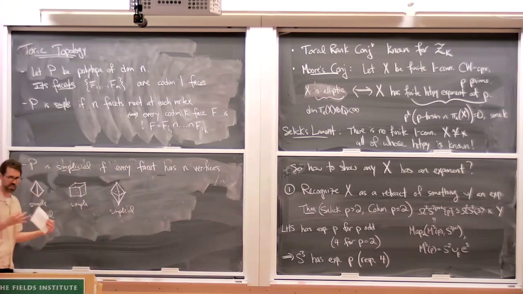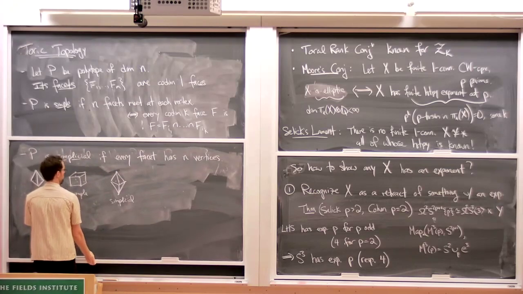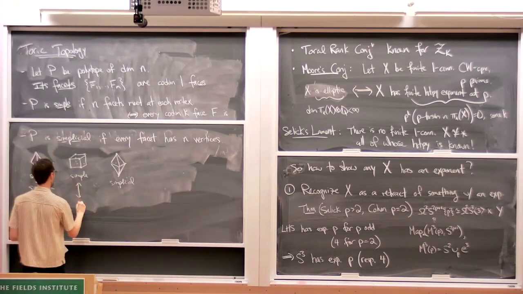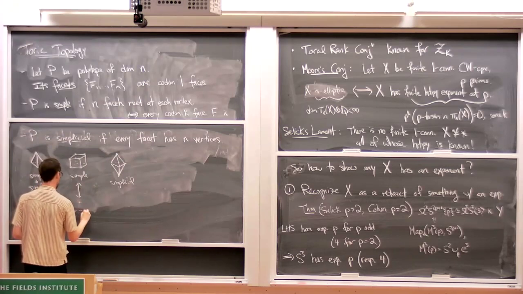And there's a duality here. You can pass back and forth between simple polytopes and simplicial polytopes by essentially exchanging the role of facets and vertices. So these two are not dual, but the dual of this one would be like this guy, right?